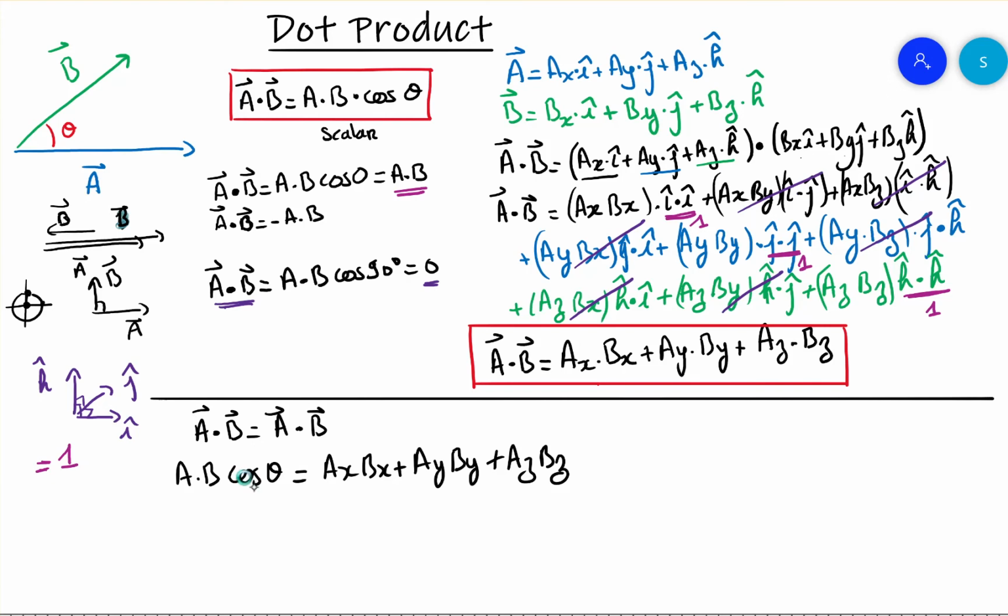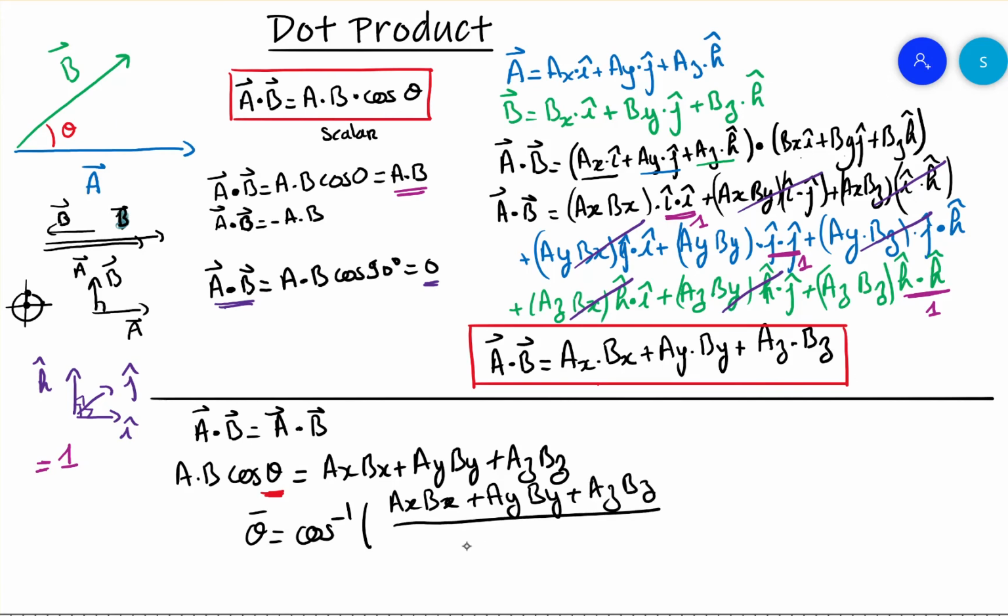So let's say the unknown here is theta, the angle. We can use this formula to write that theta is equal to the inverse cosine of ax bx plus ay by plus az bz divided by the magnitude of a times b.